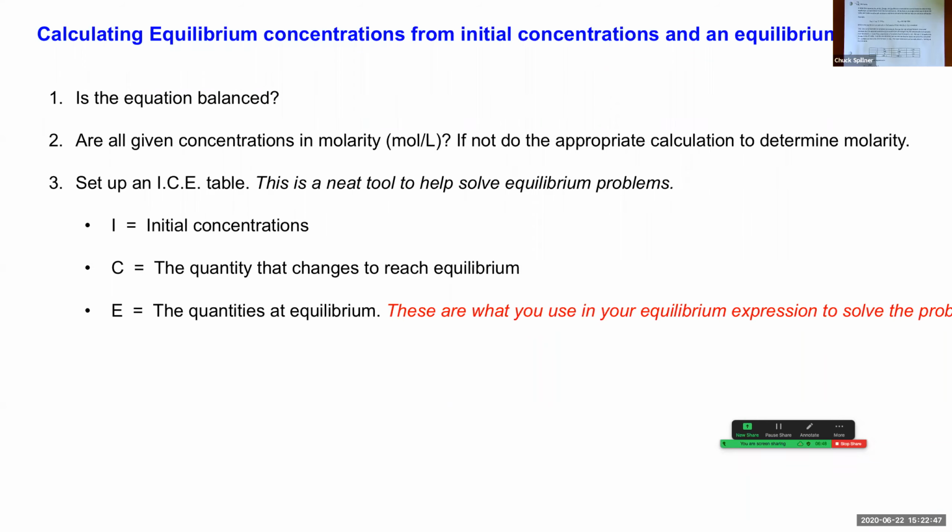Those are the quantities that you'll use in your equilibrium expression. This is what you would use if you don't know a lot about the equation. You only have a few of the concentrations of the substances that are in the equilibrium expression, and they're going to change. So use an ICE table. You may have heard of that before.